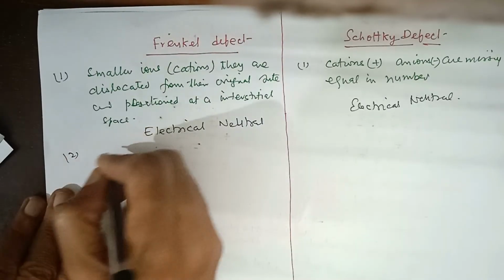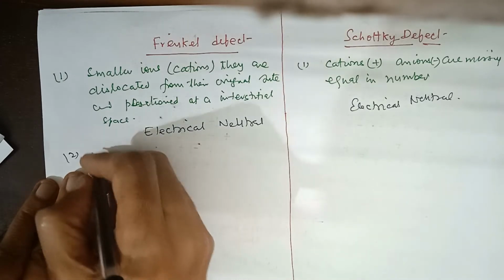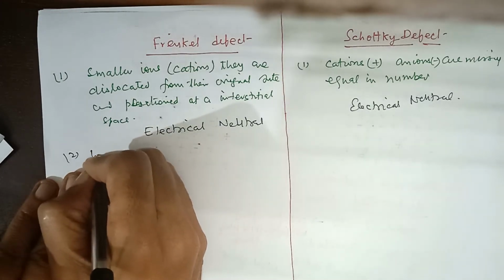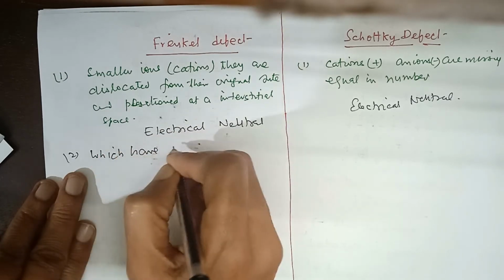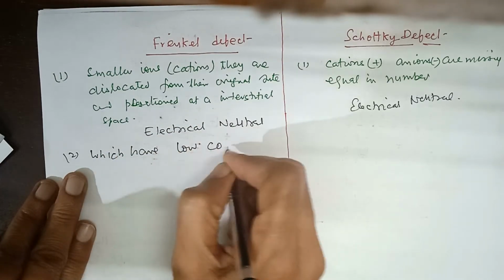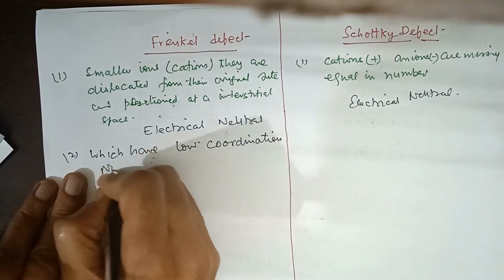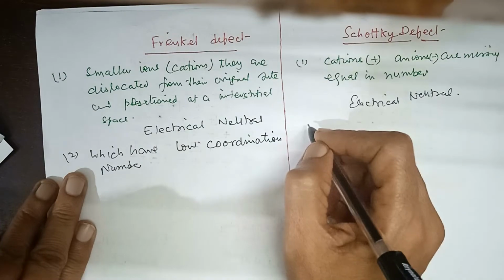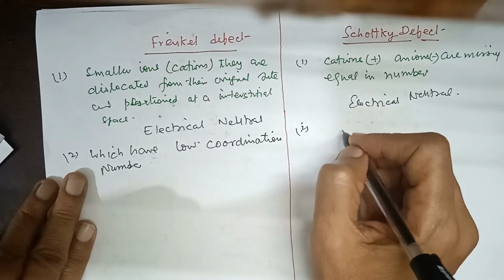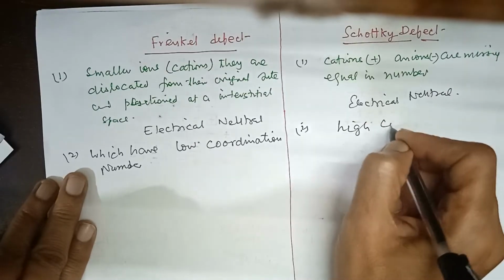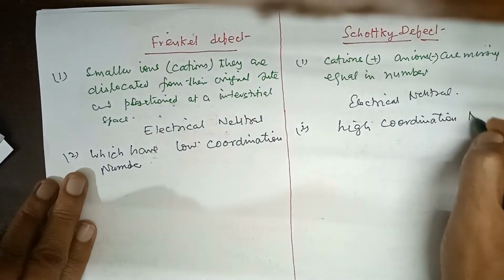The Frenkel defect is shown in the substances which have low coordination number, and Schottky defect is present mainly in the substances with high coordination number.